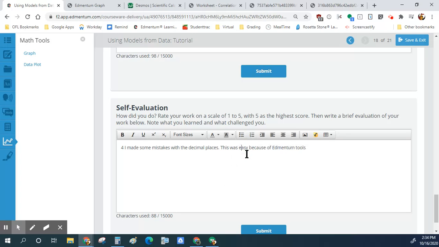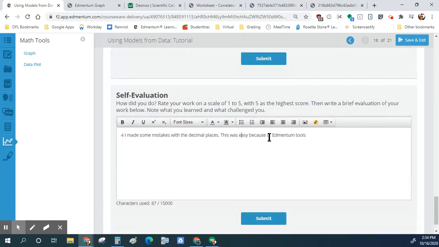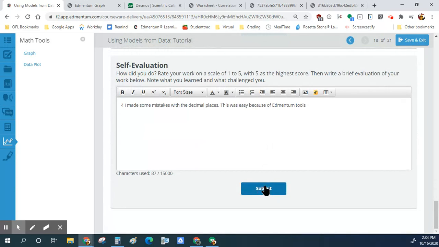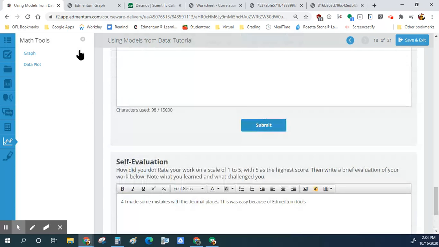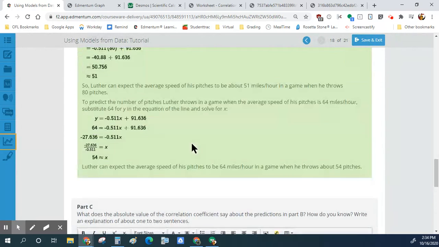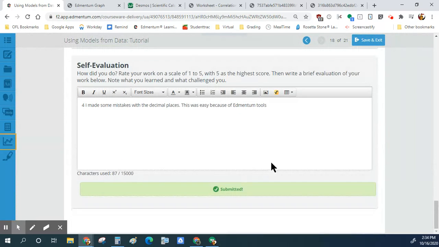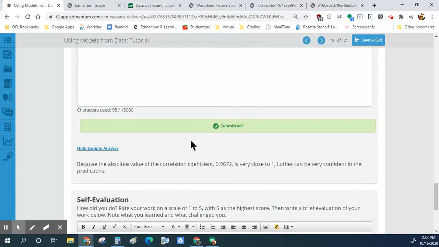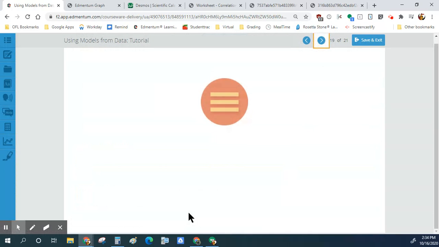And honestly, I think that's the best way to do it. Back when I did the math, they actually taught us how to calculate R. It's a pain. Just be grateful you don't have to calculate R. Let me submit that. Oh, I forgot to submit this. I was like, how come I can't go to the next one?